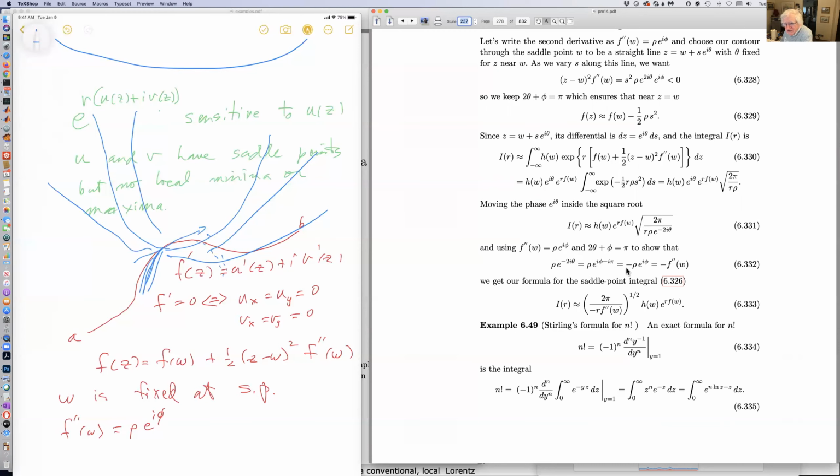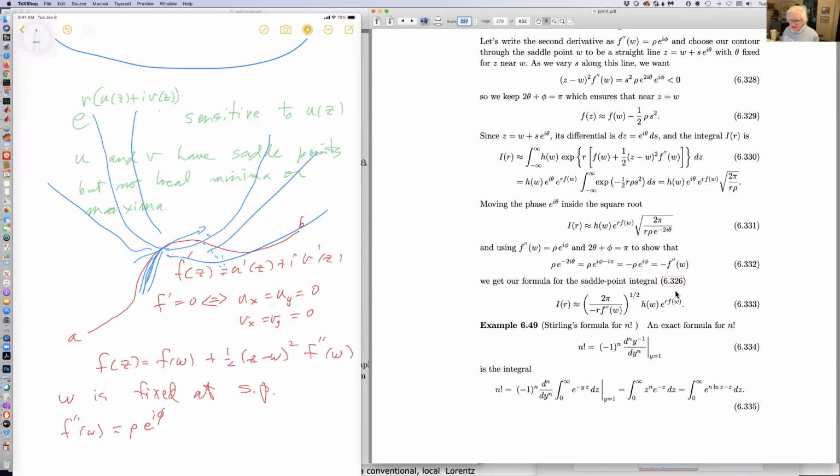The minus i pi just gives us a minus sign, so we have rho e to the i phi, but rho e to the i phi is what f double prime is at z equal to w. And so in fact, this approximation of the integral is the h factor, the e to the r f of w, and then the square root of 2 pi over minus r f double prime of w.